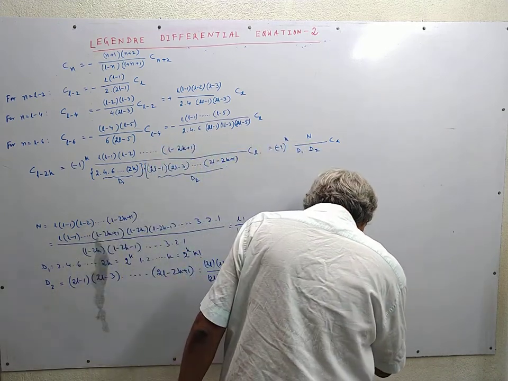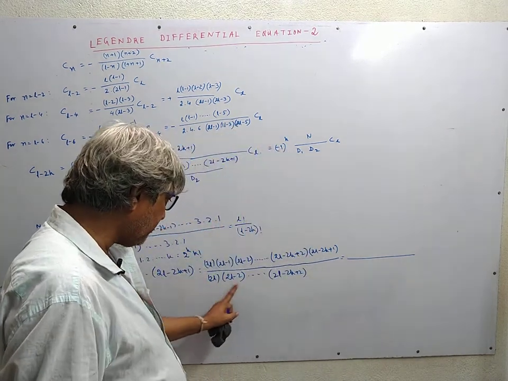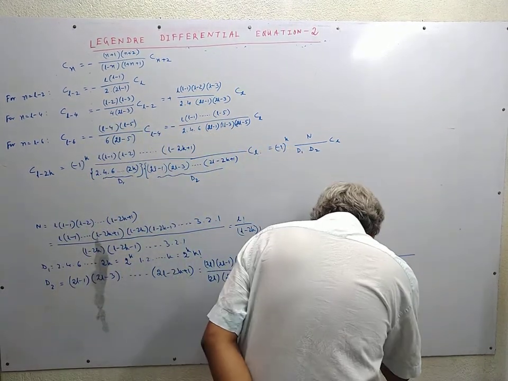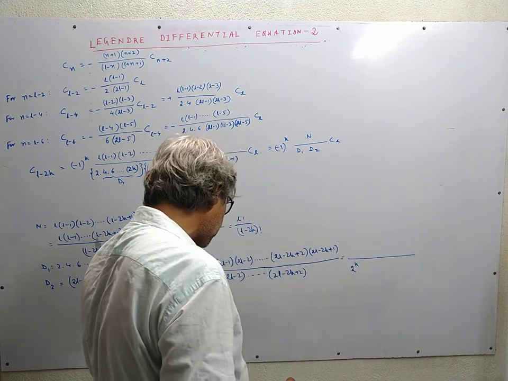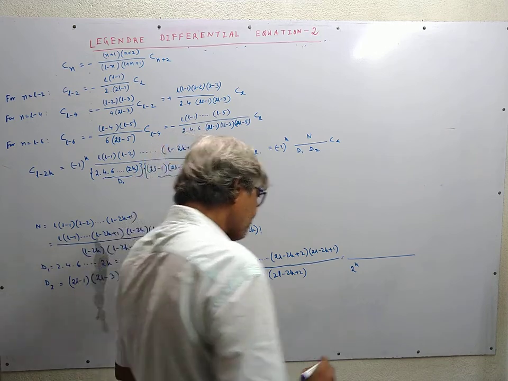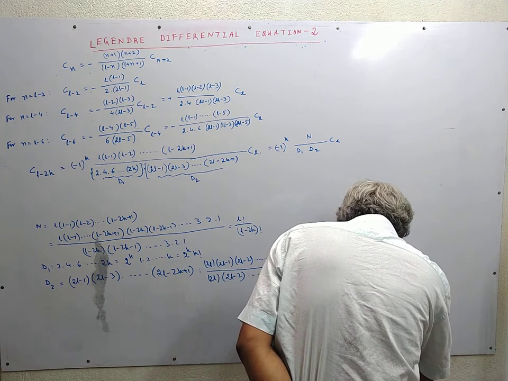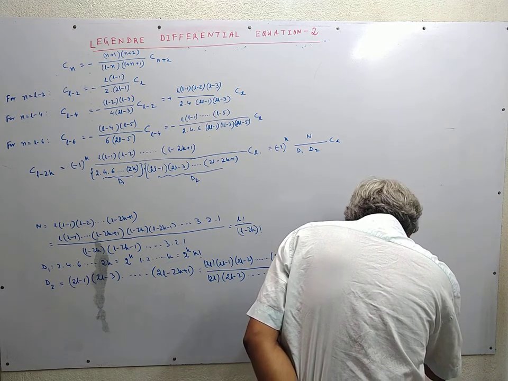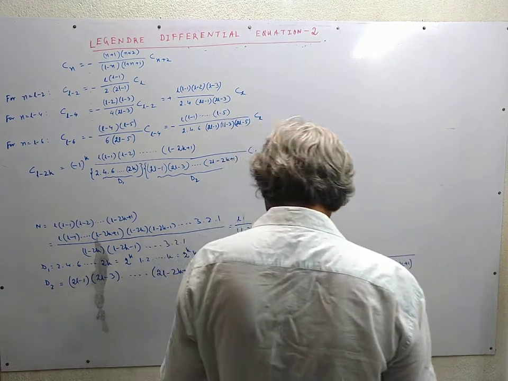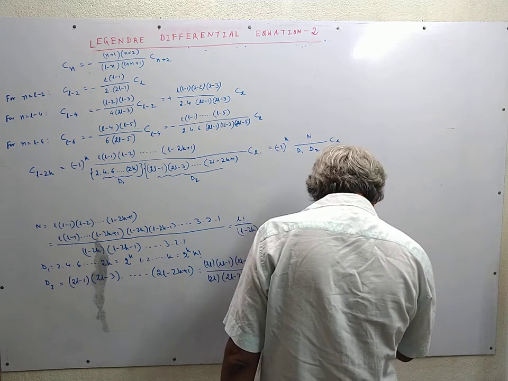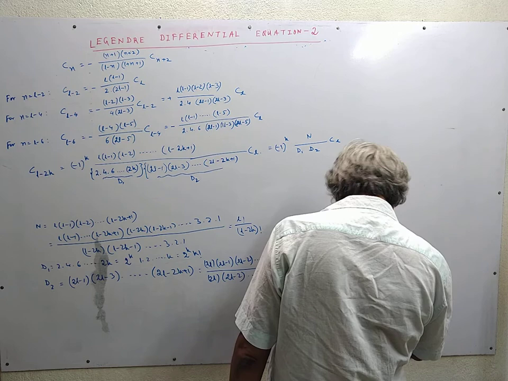Now, you see that the denominator part, what can you write? If you take 2 common, there are k terms. So this is 2 to the power k. Once you take k common, this is L minus 1 through L minus k plus 1.